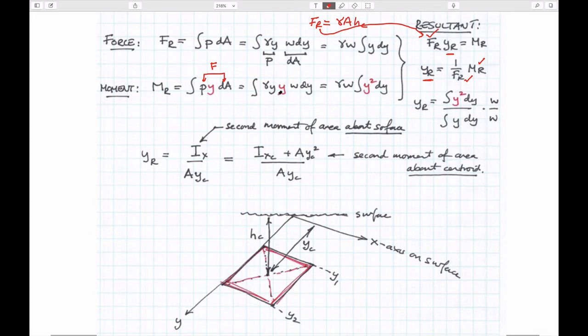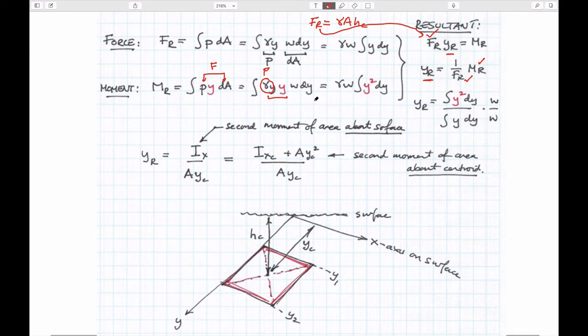If we go through some manipulation, we know that we're going to end up with, since the force is equal to a pressure times a depth, this here is a pressure, because it varies linearly with depth, we have y squared.